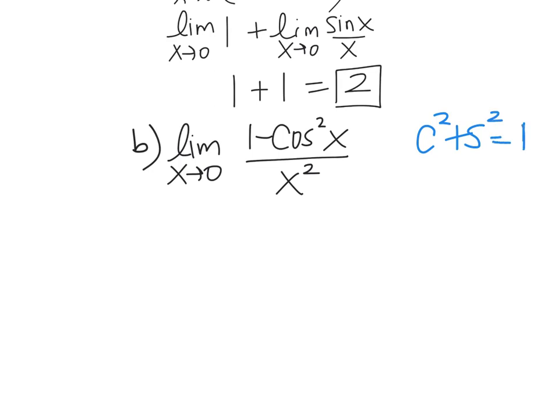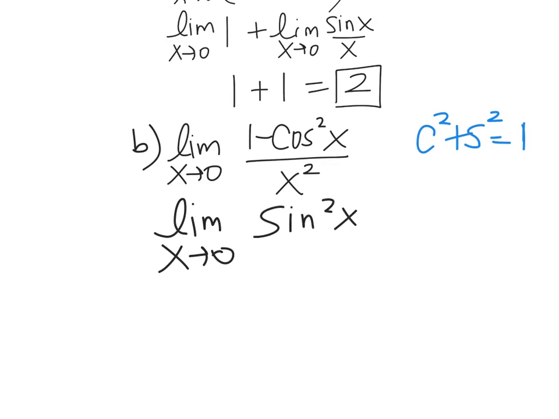Pythagorean identity, that's the one everyone remembers. If you're going to remember one of them, remember that one, okay? You might not remember your double angle formulas. But this right here, you know. What is 1 minus cosine squared? Sine squared. Yes, if we were to subtract cosine squared to the other side, you would get sine squared.